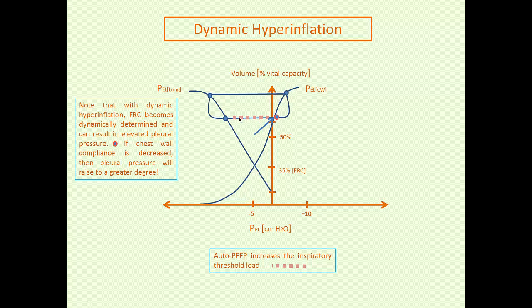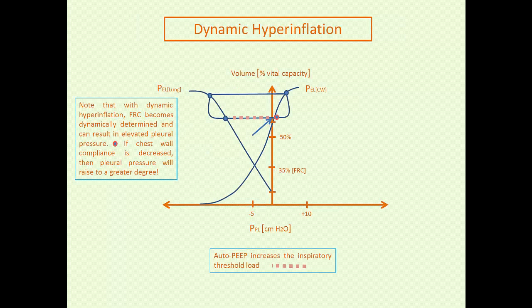And so this is your inspiratory threshold load. So this patient, you can imagine, before they get any gas flow at all, has to overcome all of this pressure load here, this end expiratory pressure load, before any flow can enter the alveolus. And that's depicted like that.